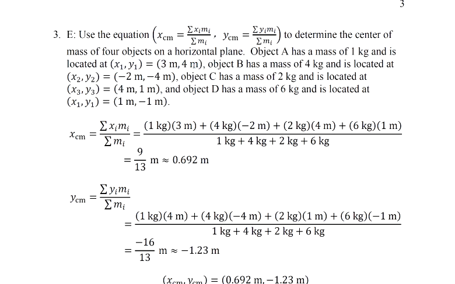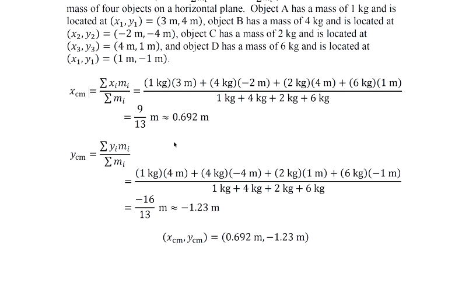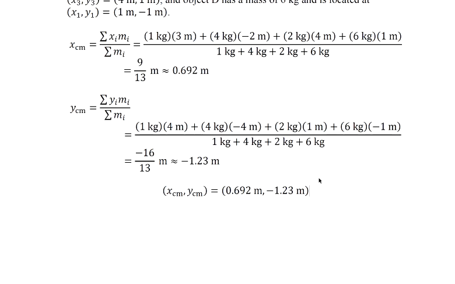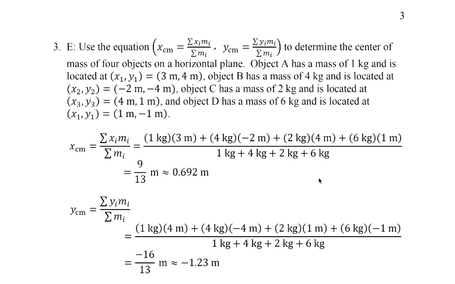So we're going to use x center of mass to find the center of mass on the x-axis. Then we're going to use this equation for y center of mass to find the center of mass on the y-axis. So if we put our finger at this point here, x equals 0.692, y equals minus 1.23, this plane is going to balance and it's not going to fall.